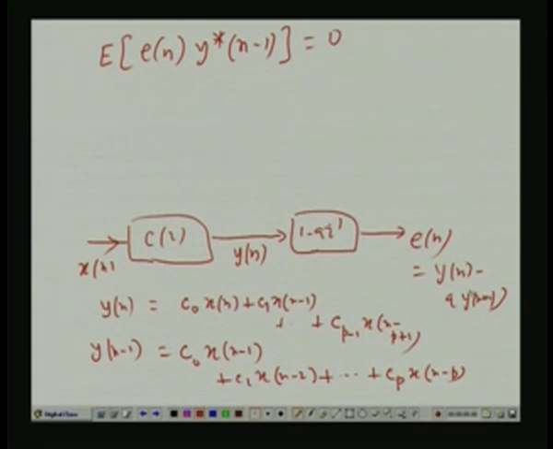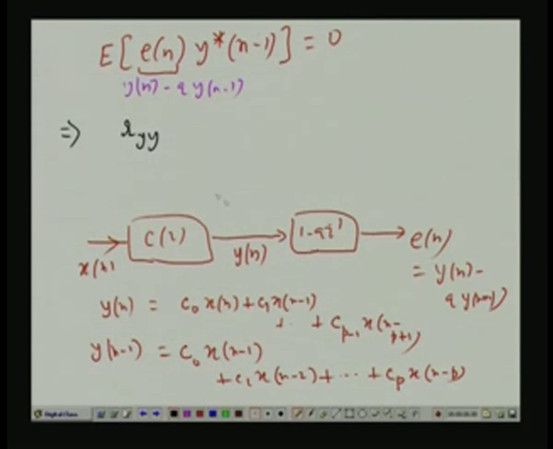If you now replace e[n] by the expression I wrote earlier, y[n] minus q y[n minus 1], and substitute, what you get is r_yy(1) minus q r_yy(0), which is equal to 0.